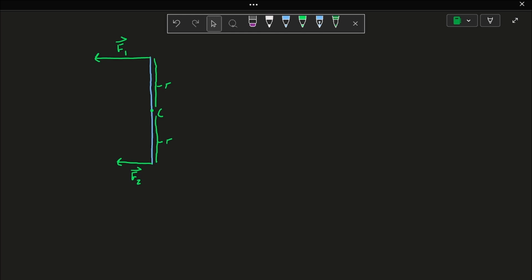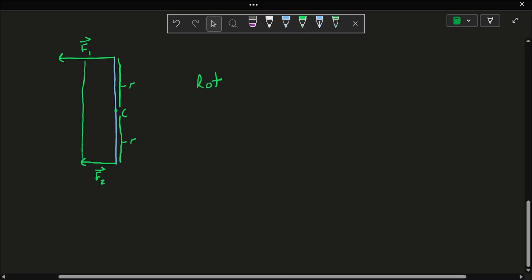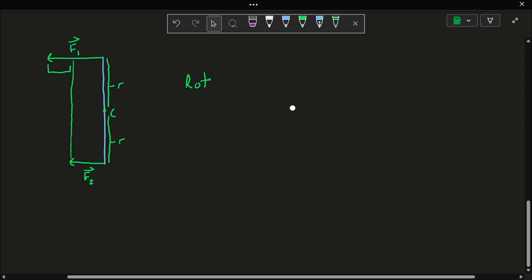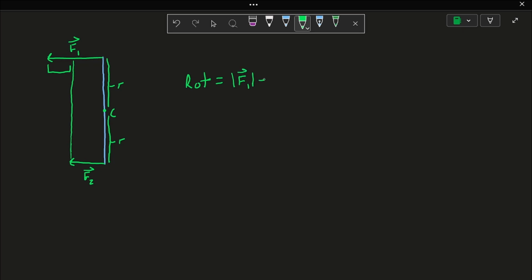So in this case, we can kind of draw a little line across here. So our rotational component, right, this is rot, for rotational, is going to be equal to this little bit that's left over. So this equals magnitude of F1 minus the magnitude of F2.